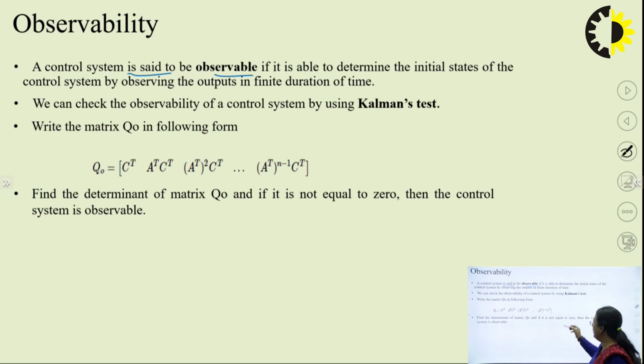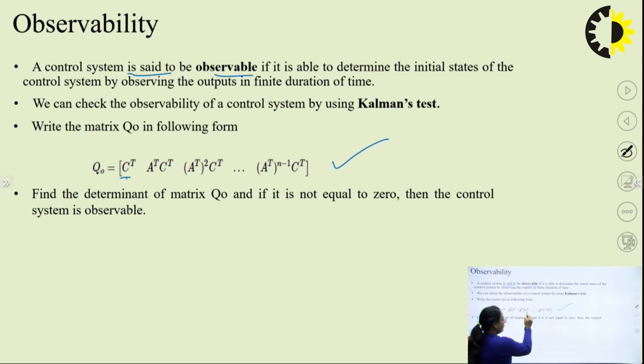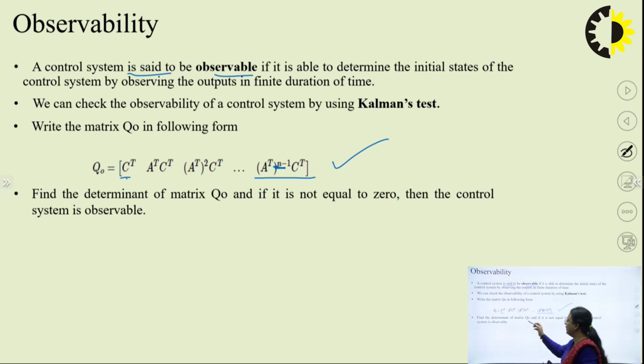So this is the formula for the observability matrix: C transpose, A transpose into C transpose, then A transpose square into C transpose, up to A transpose to the power n minus 1 into C transpose, right? So here again this matrix Q naught, that is the observability matrix, will be of order n cross n, right?